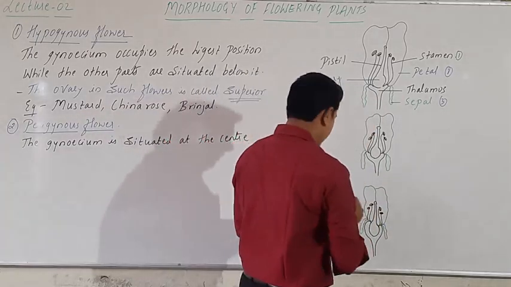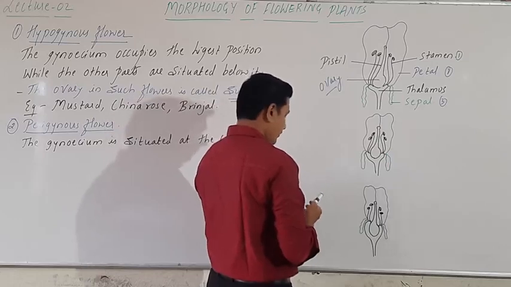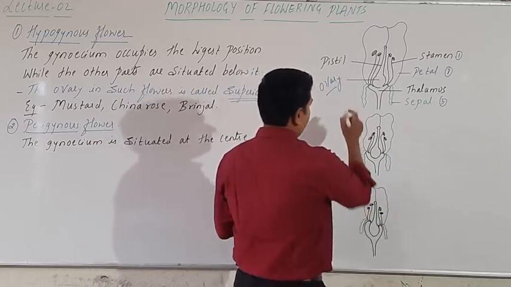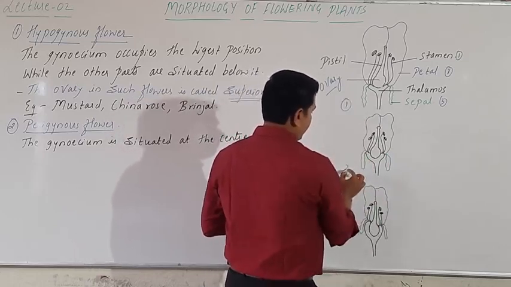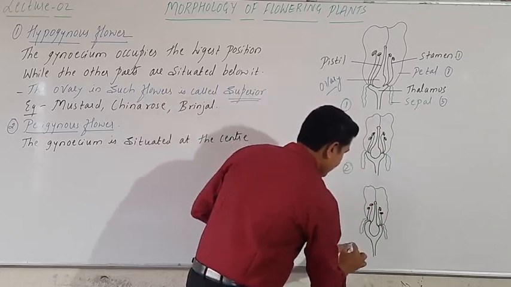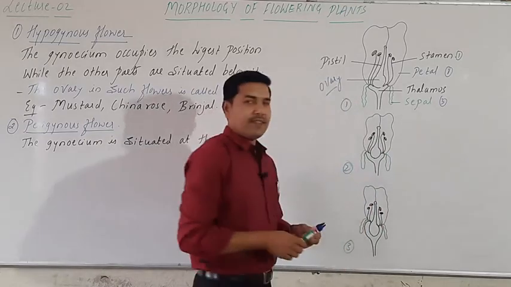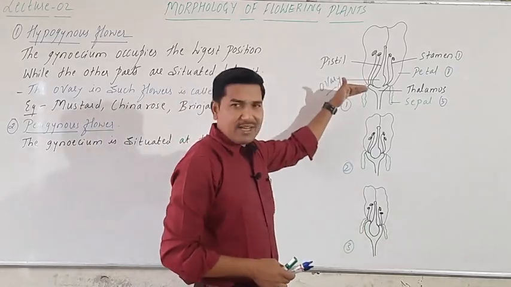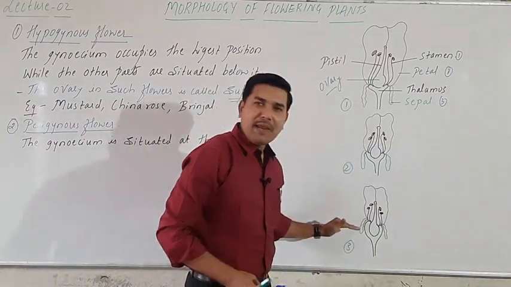So this is what? This is the first one, second one, this is the third one. This is Hypogonus flower, Perigonus flower, Epigonus.